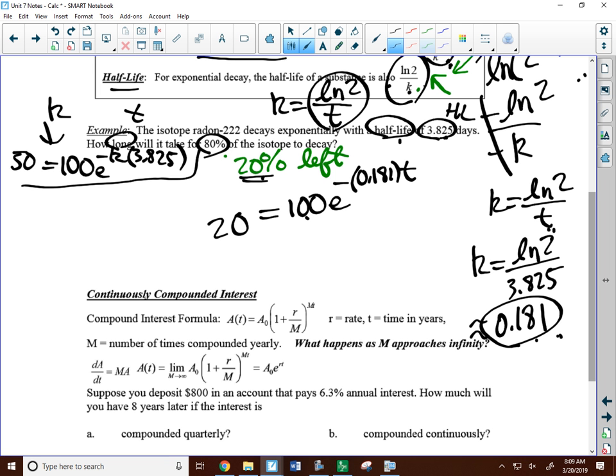Okay, so it's just another solve. It's going to look familiar. So I'm solving for time. Divide by 100 first. 20 divided by 100, I got 0.2. So 0.2 equals e to the negative 0.181 t. Do an ln on both sides.